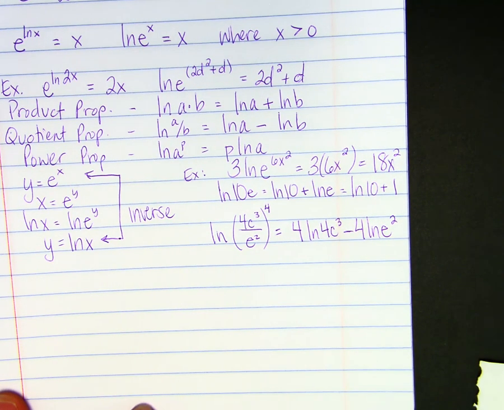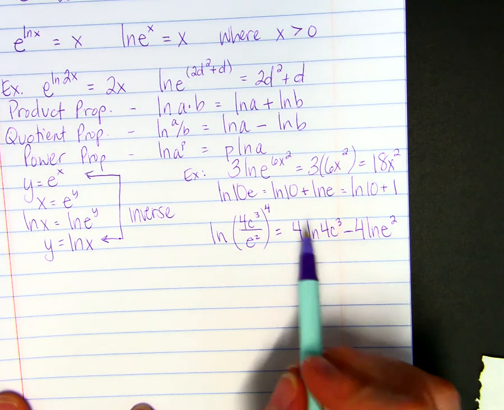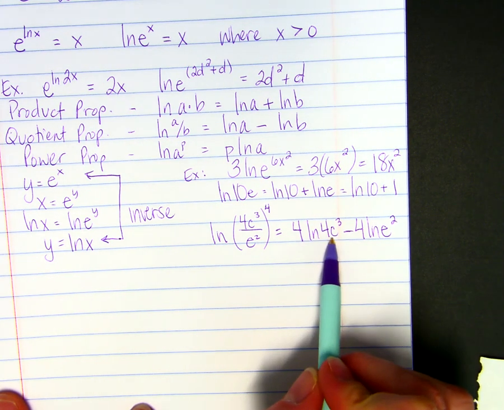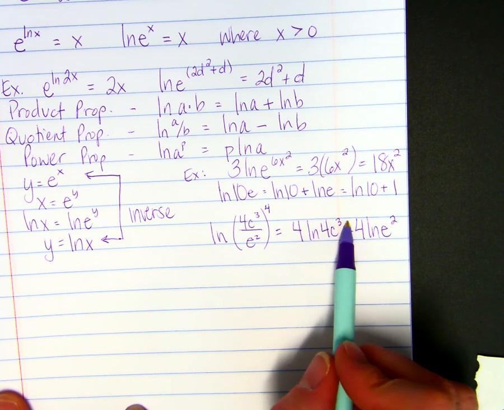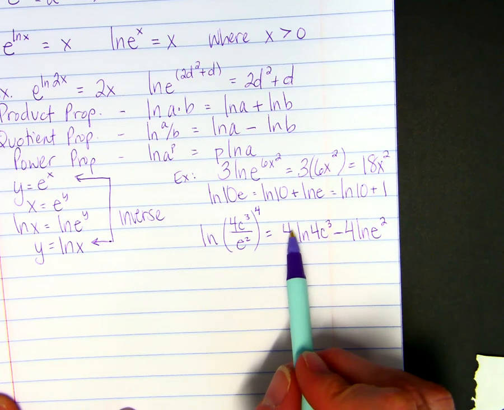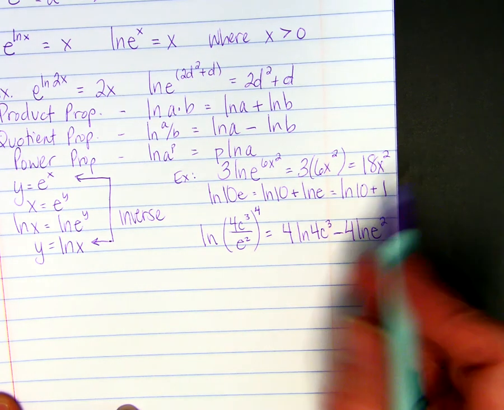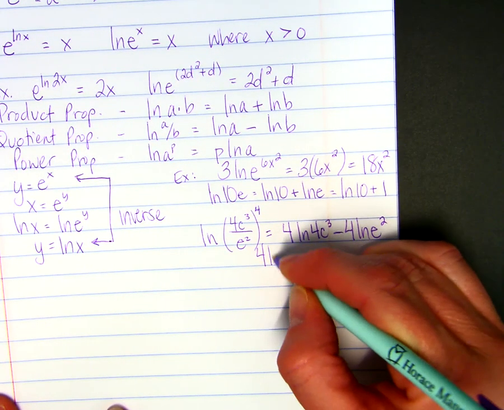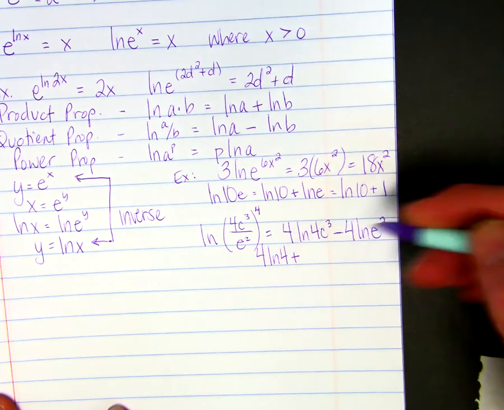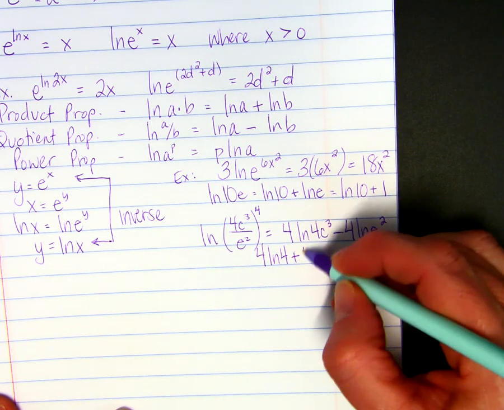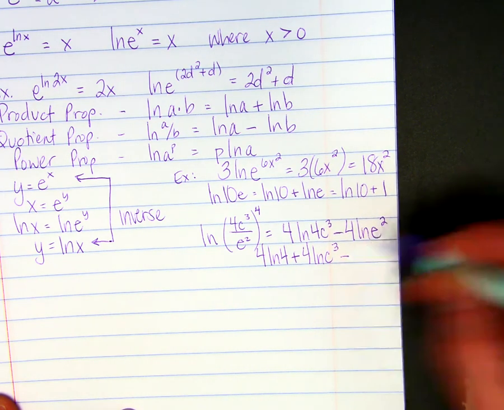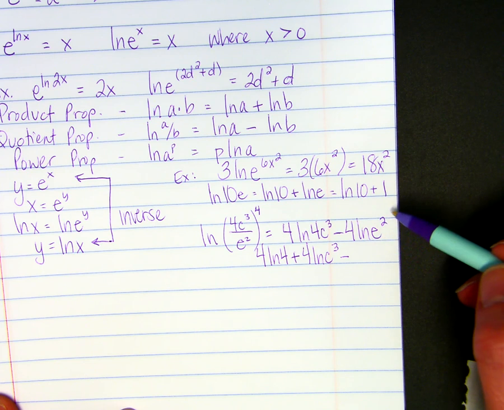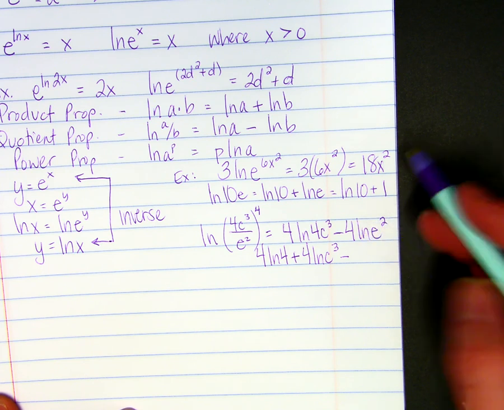Okay, so then we have a product property here because these two are factors. Now the 4 is not cubed, so I can't bring the power down until I separate it. So 4 natural log of 4 plus 4 natural log of c cubed minus natural log of e squared is just 2. So 4 times 2 is 8.